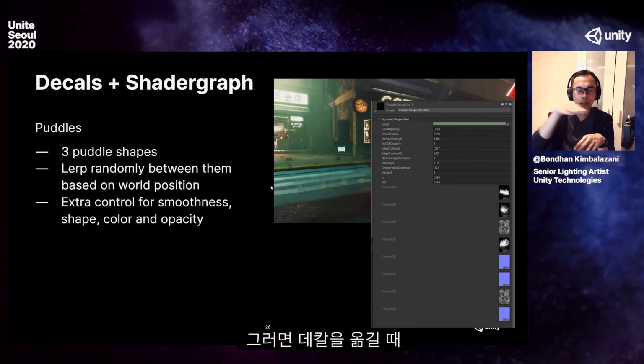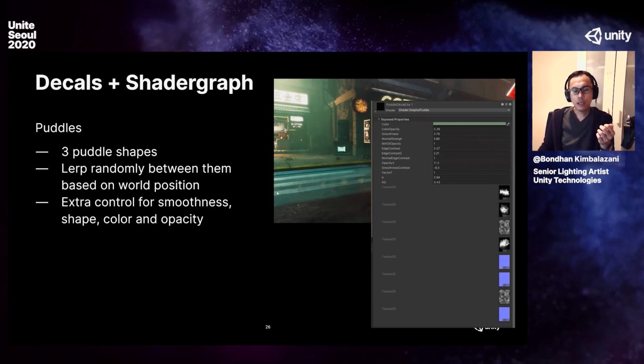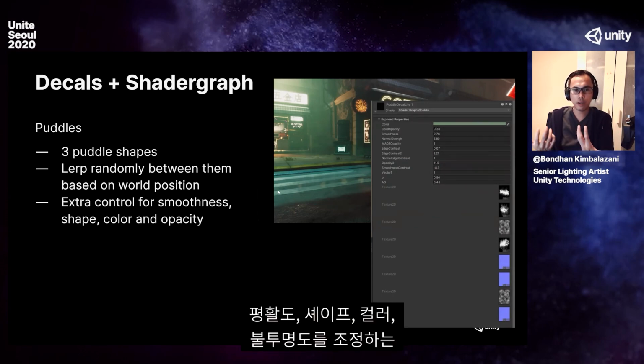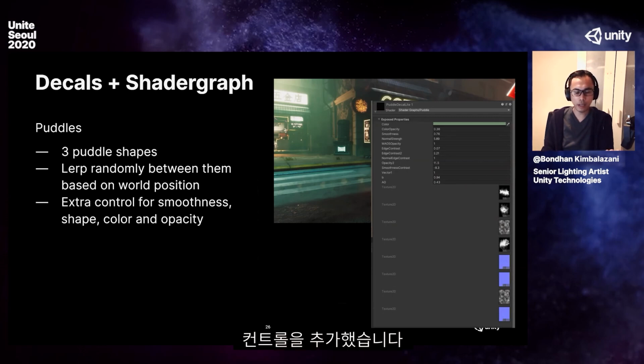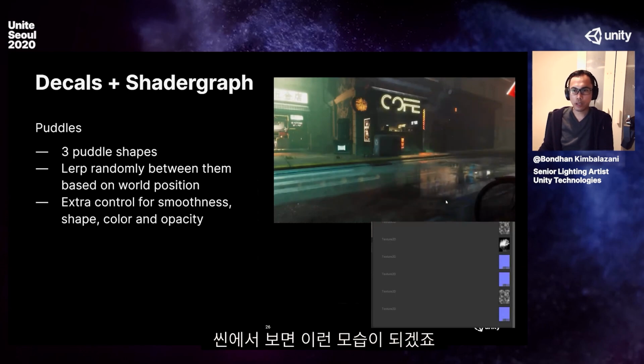So when you move the decals, it will choose different shapes randomly. And then we also add extra controls for smoothness, shapes, color, and opacity in the shader graph. And yeah, this is what it looks like in the scene.